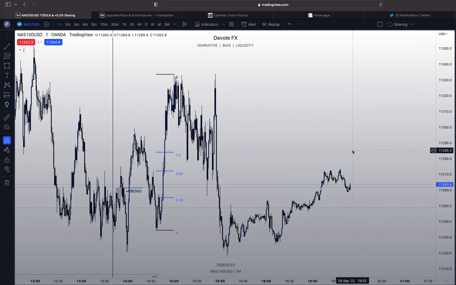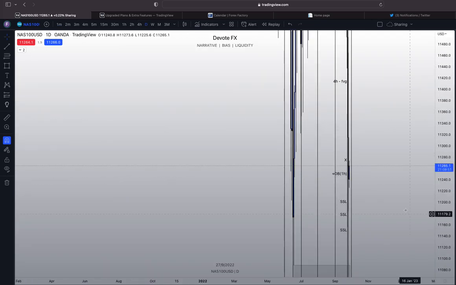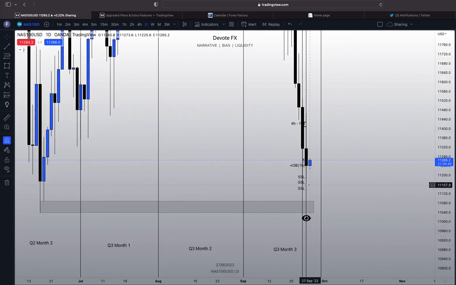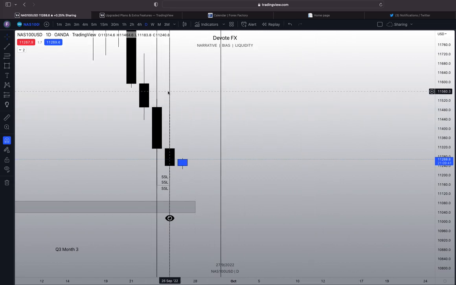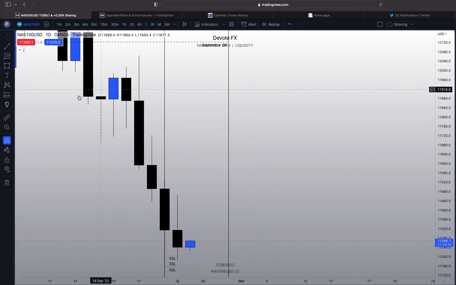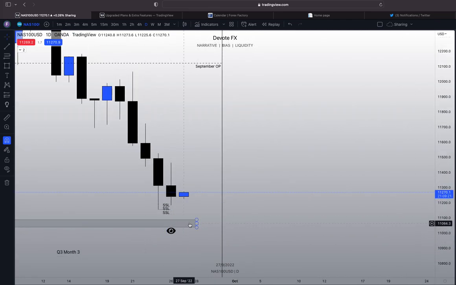And I will go over what I'm expecting for tomorrow while we're all together. As far as the daily goes, I'm still looking for this sell side liquidity pool, and this is a range of liquidity.